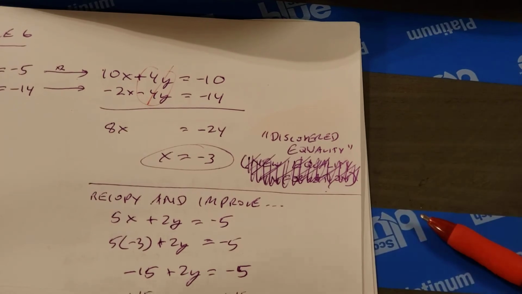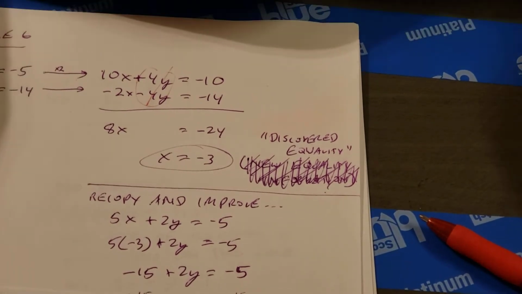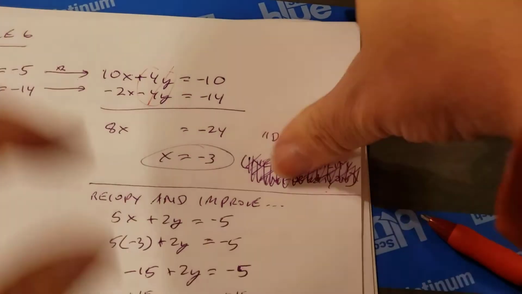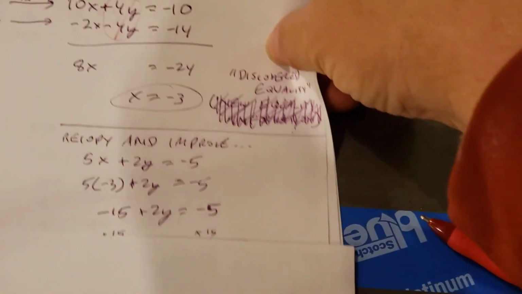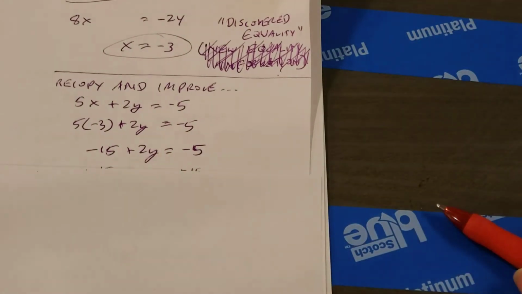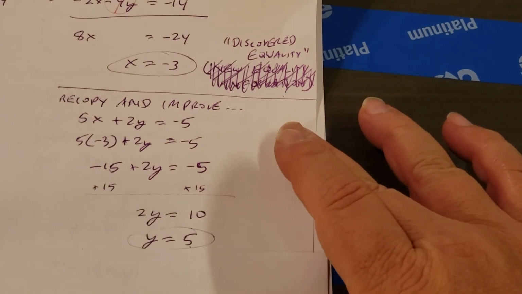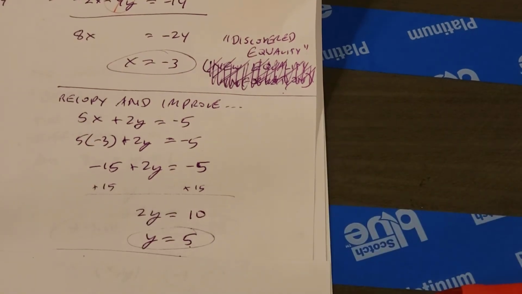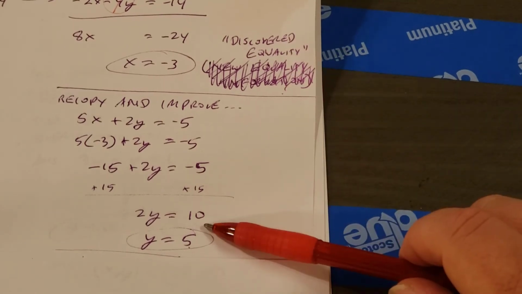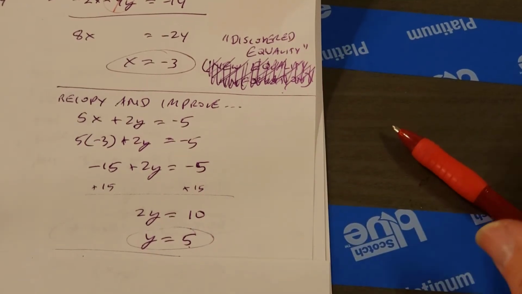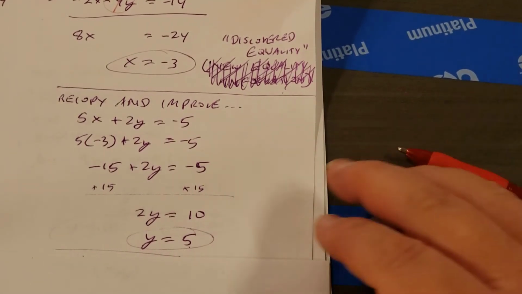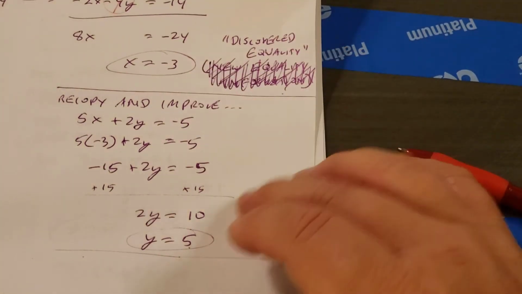That gives me negative 15 plus 2y, and that works out to y equals 5. I suppose you could call that a discovered equality as well, but we now know both x and y.